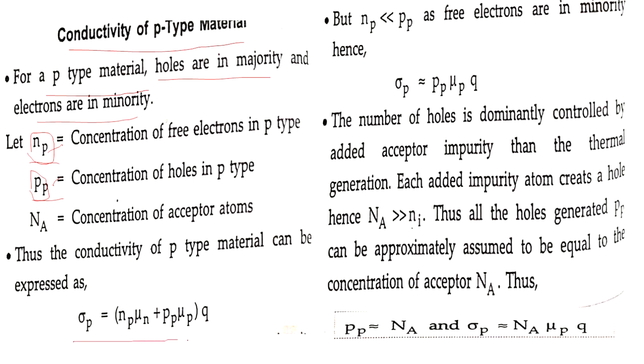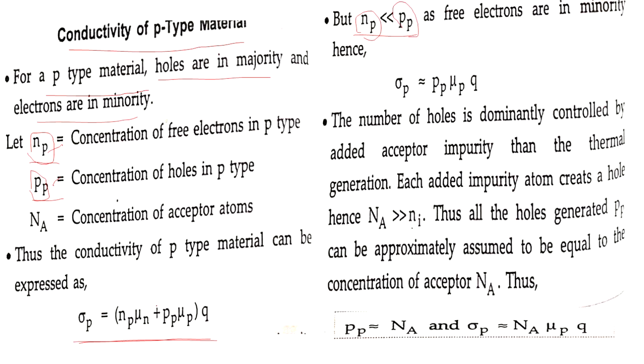We take the general expression for the conductivity, similar to the N-type derivation, and substitute that Np is very much lesser than Pp. Since it is P-type, the number of electrons, the minority carriers, is lesser than the number of holes, the majority carriers.